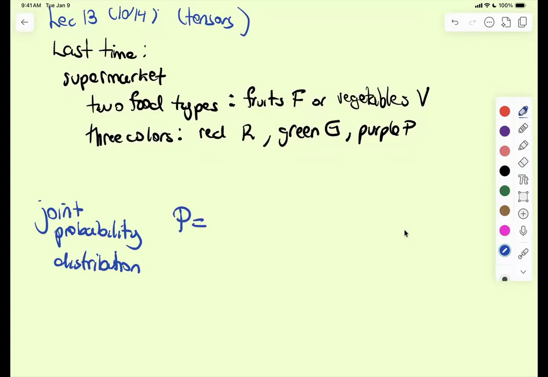Well, there are a lot of decorations that you can use in probability theory to refer to these things. I'll just call it capital P because I want to think about it as a matrix. I'm going to set it up as a 3 by 2 matrix.